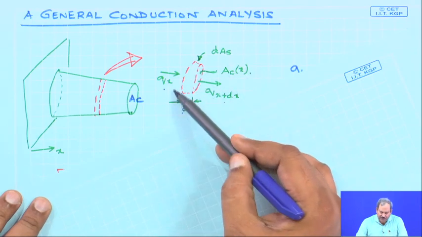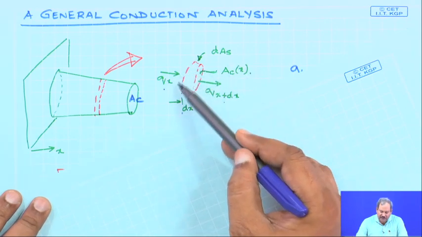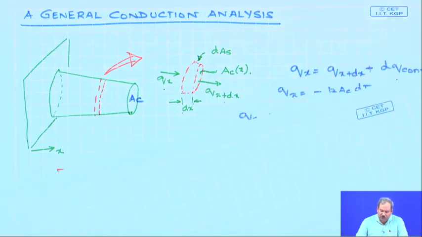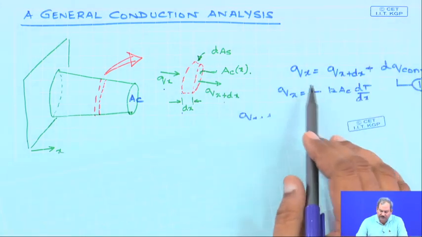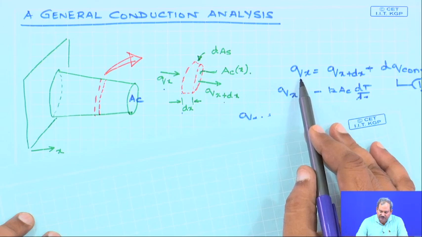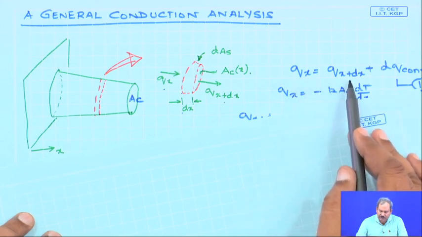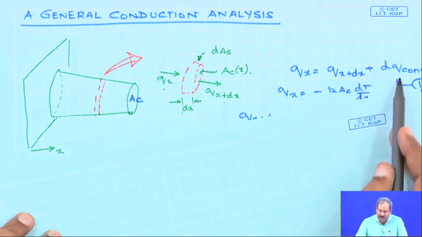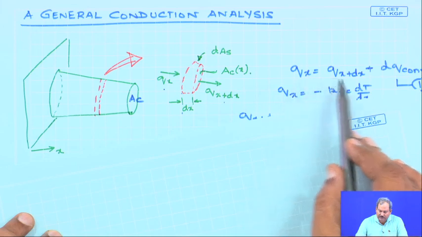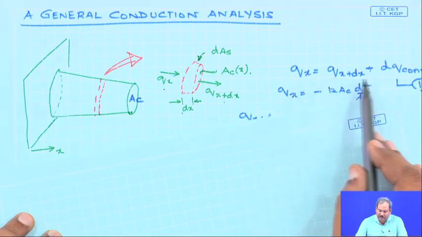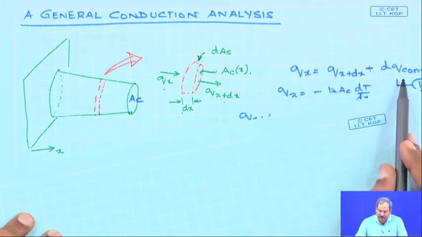So, if I write a heat balance across this volume element, what I am going to get is that the heat that comes in by conduction is equal to the heat that goes out by conduction and the heat that goes out by convection. So, Qx must be equal to Q at x plus dx plus dq convection.